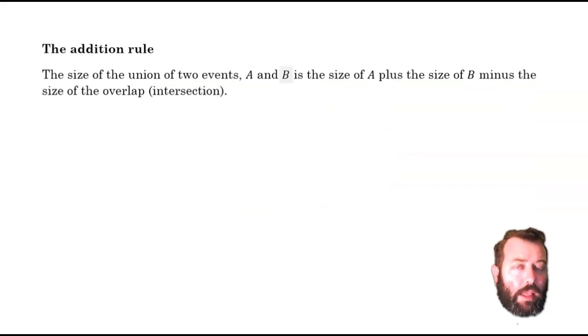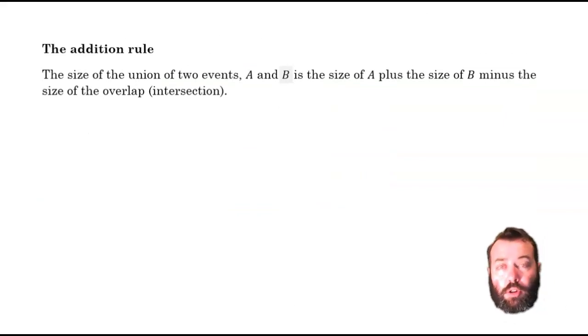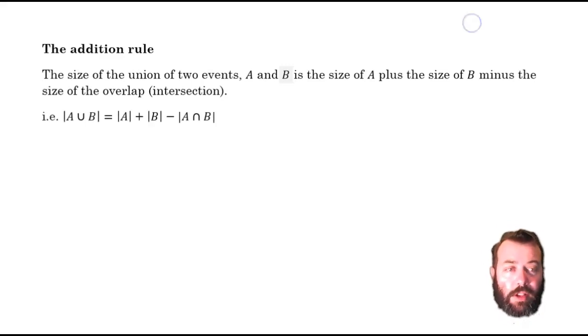Now, if my two events are not mutually exclusive, if they are not disjoint, then the size of the union isn't exactly the size of A plus the size of B. Because they overlap, and that overlapped region is going to be counted twice. So it's the size of A plus the size of B minus the size of the overlap, which is of course the intersection.